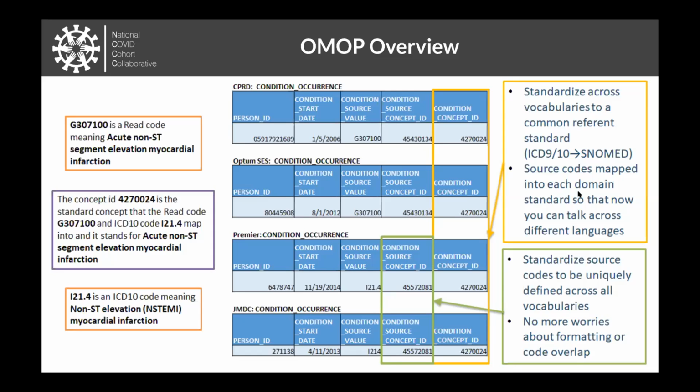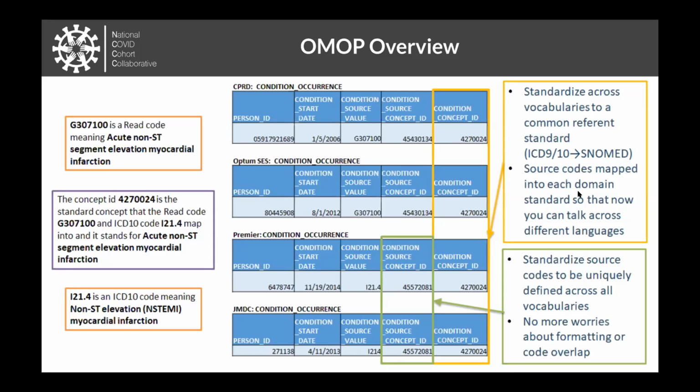The reason we do that is because, of course, the number I214 might mean something different in ICD-10 than it does in, maybe Read has a code for I214 that means live birth or something like that. So the source concept ID is the way we represent the source codes, and then those source codes are mapped to one condition concept ID.